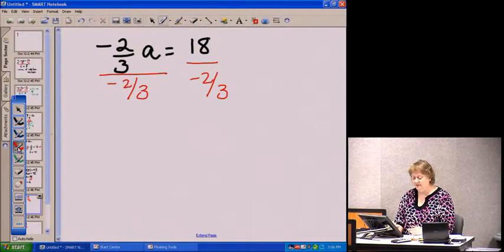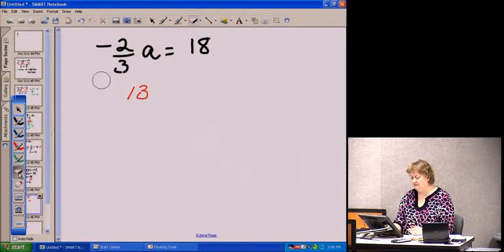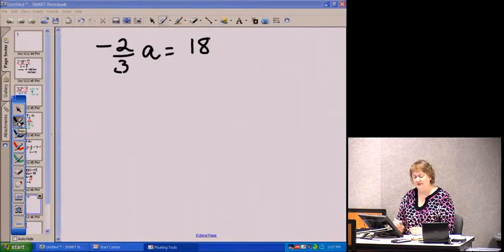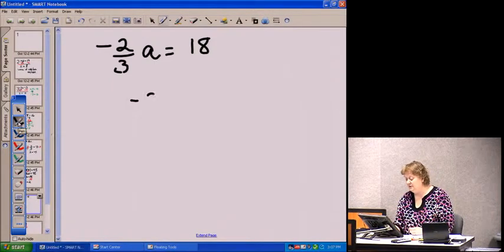So what I'm going to do is take my eraser here, and we'll erase that out. Because remember that when we divide by a fraction, that's the same as multiplying by the reciprocal. And let me show you what I mean.